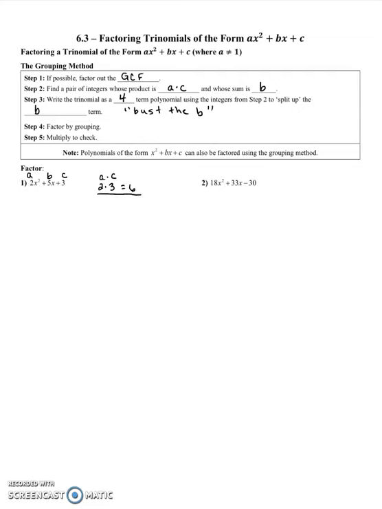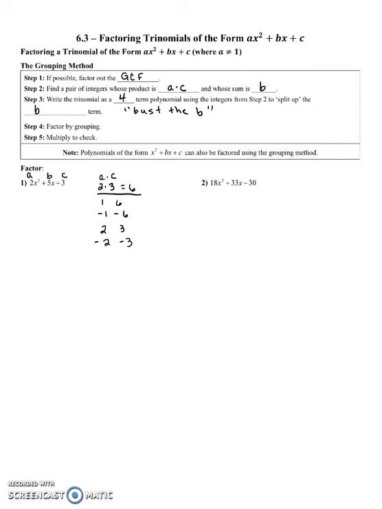Now we need to find all the things that multiply to give us 6. That's 1 and 6, -1 and -6, because remember, multiplying two negatives gives us a positive. We also have 2 and 3, or -2 and -3. And we need to find the combination that adds up to give us positive 5.